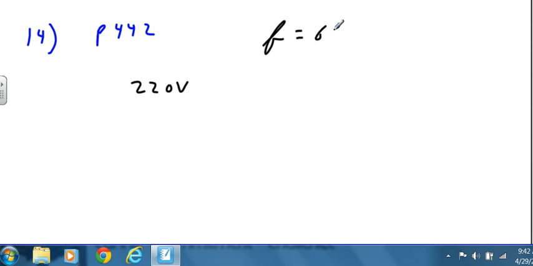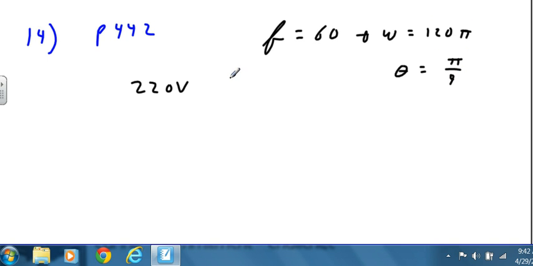Frequency is 60, which implies that omega is 120 pi, and it has a phase shift, theta, of pi over 4.